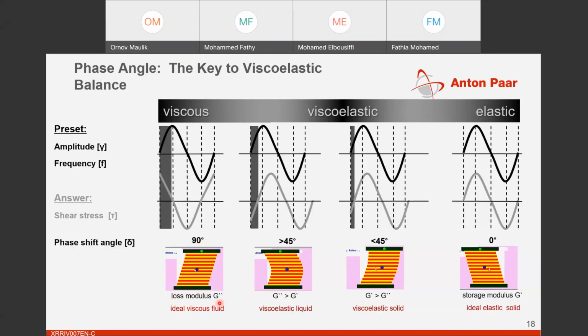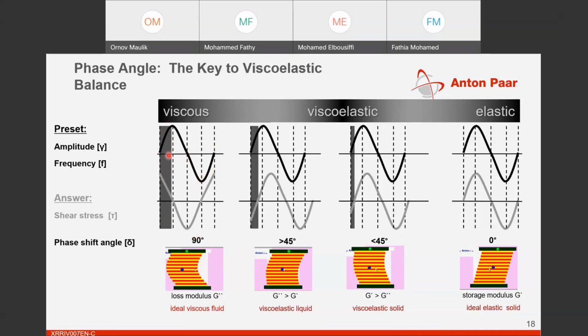Depending upon the properties of the sample, the behavior of delta, that is the phase angle, would be different. These oscillations can be considered as sinusoidal waveforms. The movement of the top plate corresponds to a sinusoidal wave, as you can see in this figure.